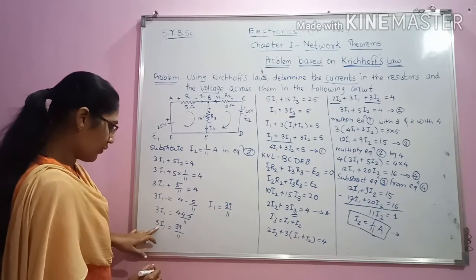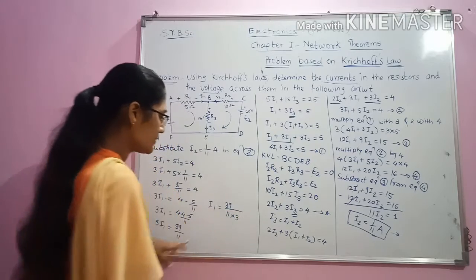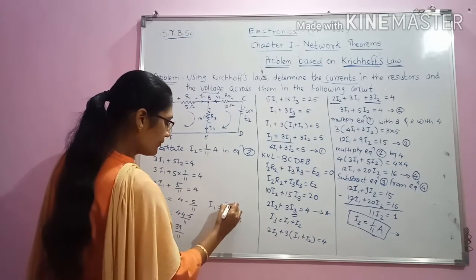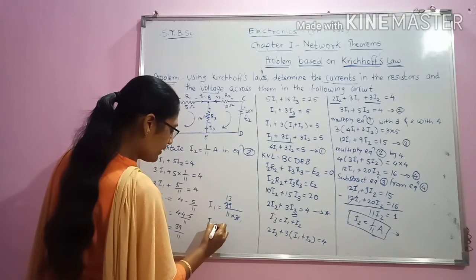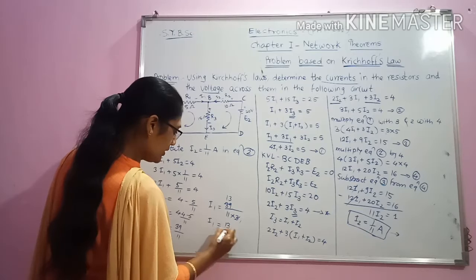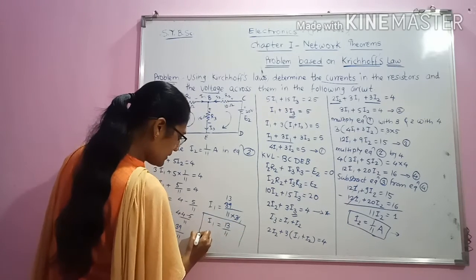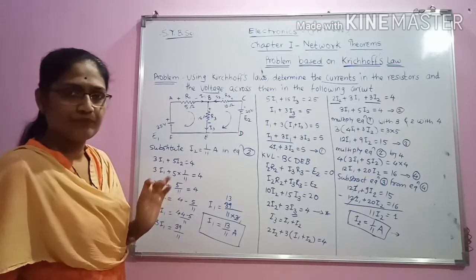Now here it is for multiplying. Here it will come to the denominator. 3 ones are 3, 3 ones are 3, 3 threes are 9. So we have obtained the value of I1 as 13 upon 11. And as it is a current, its value is in ampere.